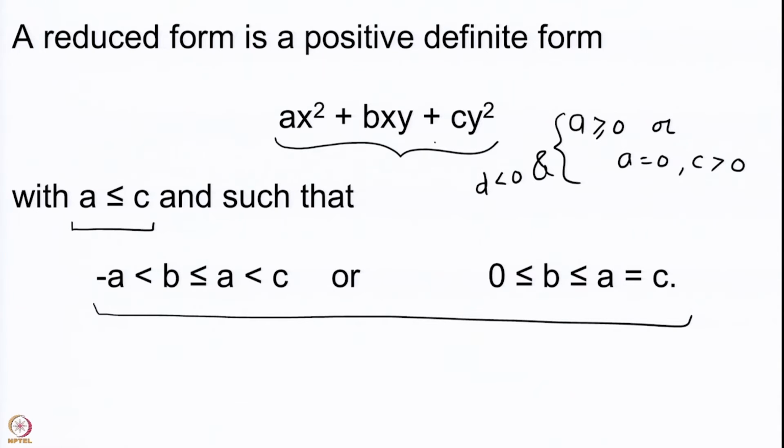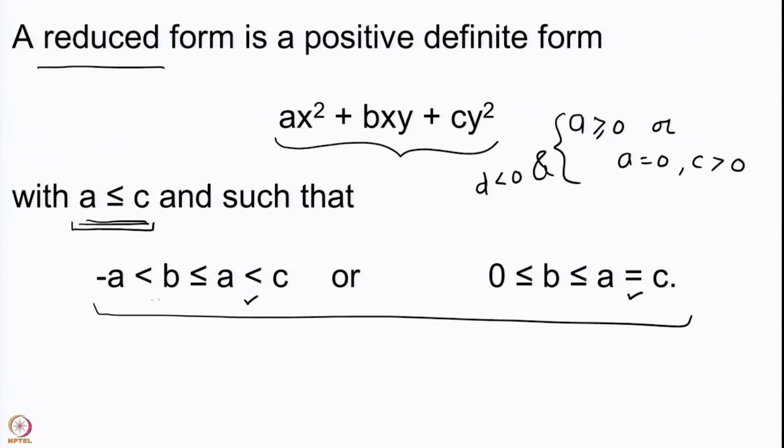So, for the form to be reduced, a has to be less than or equal to c, and in that case, depending on whether a is equal to c or a is strictly less than c, we have the behavior of b which is controlled by a.